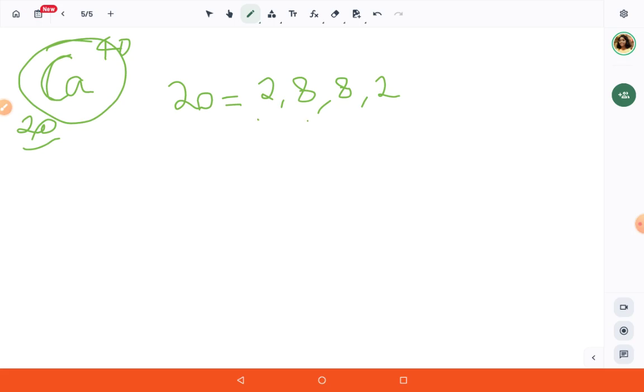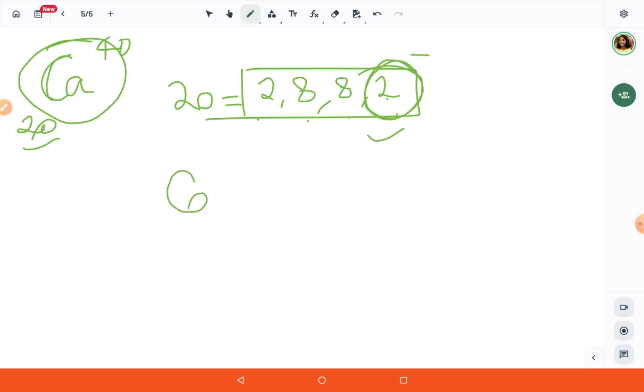Because it has to complete its octet, it has the ability to lose these 2 electrons. In the valence shell, valence means outermost shell, there are 2 electrons. So it can lose these 2 electrons, and then it will form a positive charge on it.